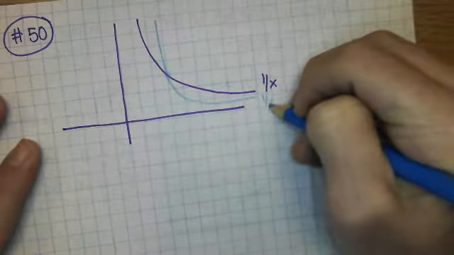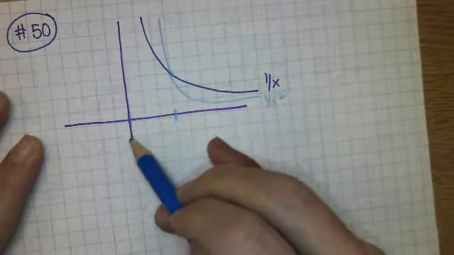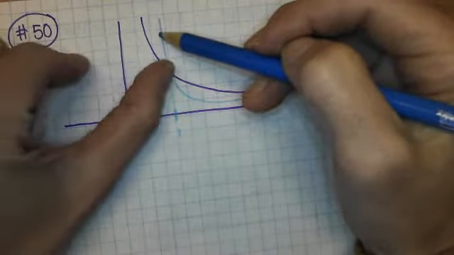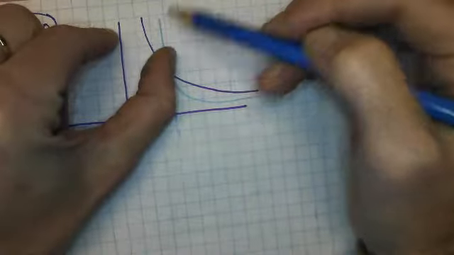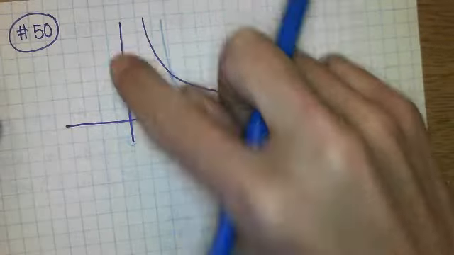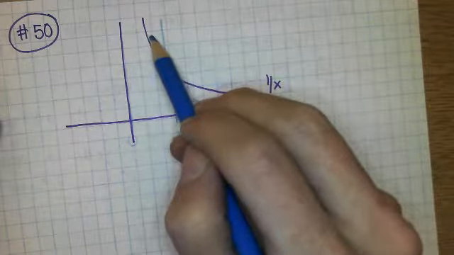On the far end, between 0 and 1, this curve is getting further away from the y-axis. It's getting closer to the x-axis, but further away from the y-axis. So on this end, it would be diverging more.